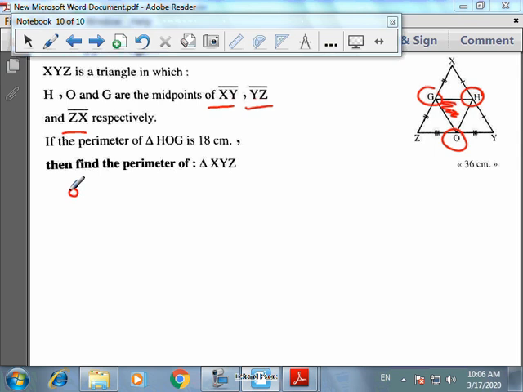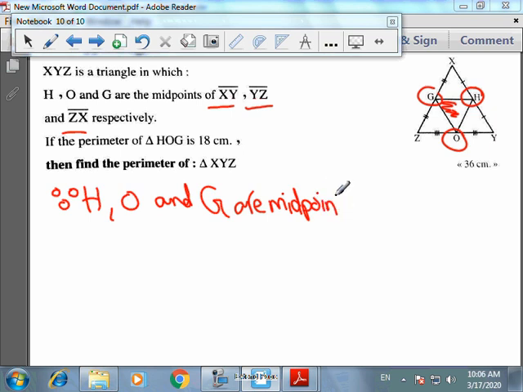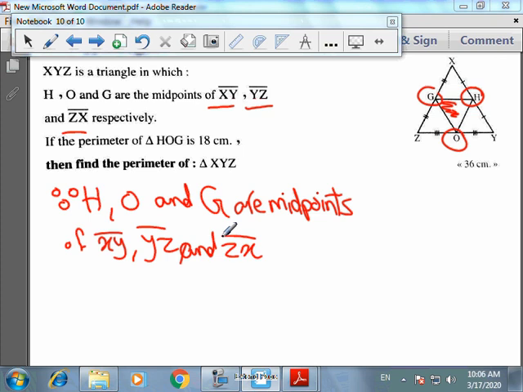Okay, I can do it like this. It's so simple. I'll say since H, O, and G are midpoints of XY, YZ, and ZX, therefore I will say very important three things.